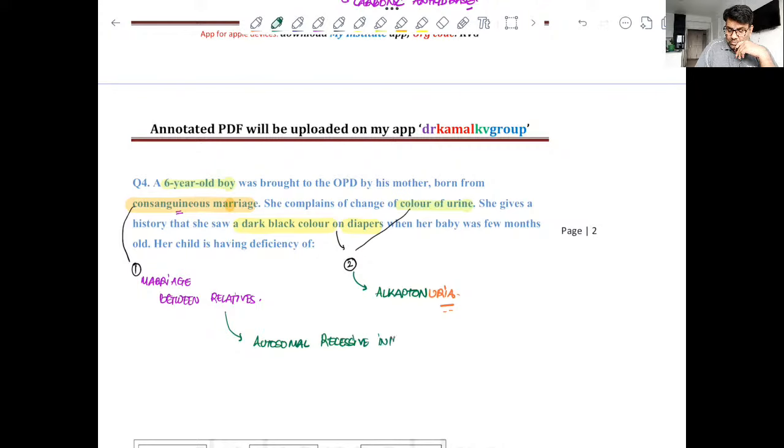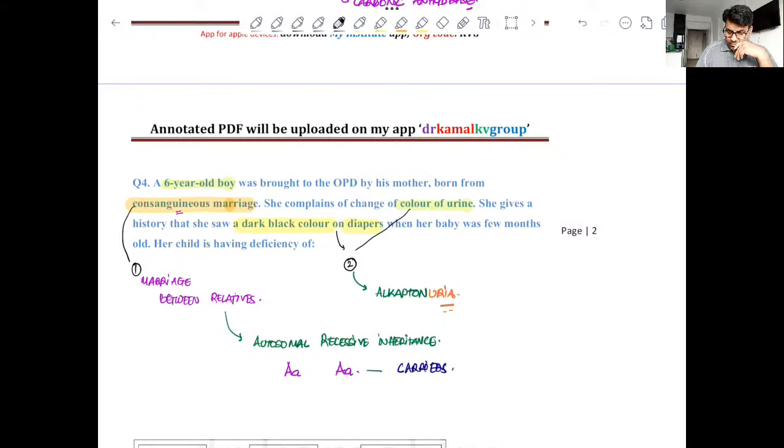Clear? So this is very important for autosomal recessive inheritance, where if the two parents are heterozygotes, like we can write it like this. So these are heterozygotes, and heterozygotes are always carriers. They don't manifest the disease, they are simply carriers.